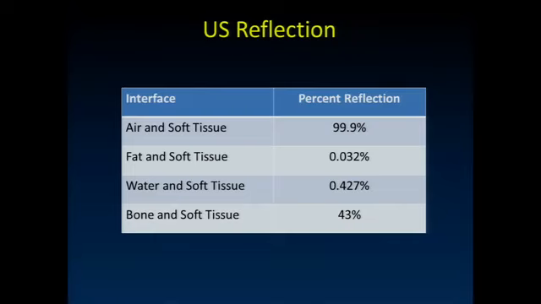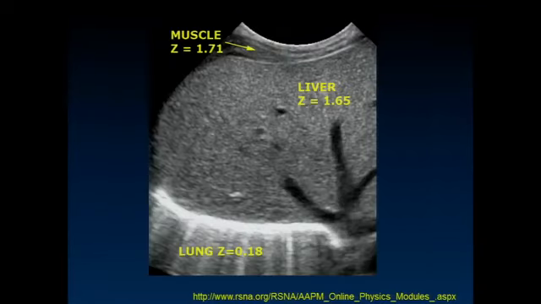Then the majority of it continues through to strike another area and reflect some sound back so that we can see the next location, right? If this number was much higher, the ultrasound beam wouldn't penetrate very far before there was none of the original sound energy left to be reflected back.